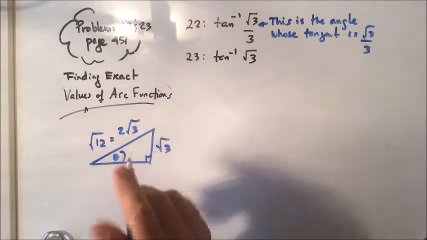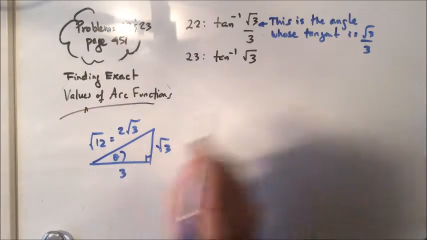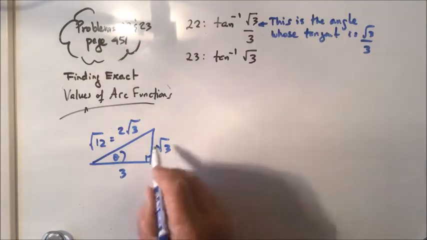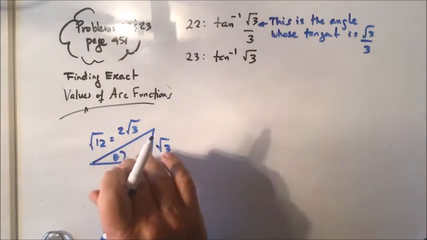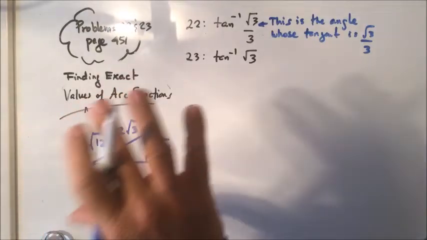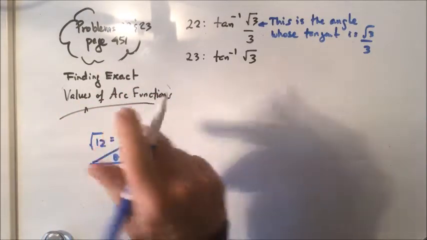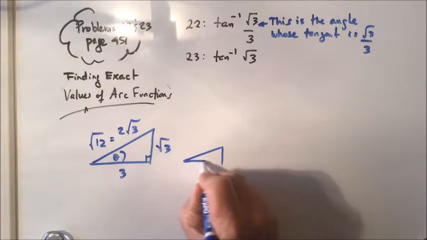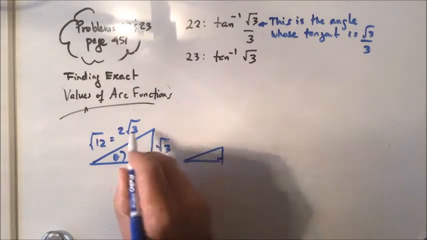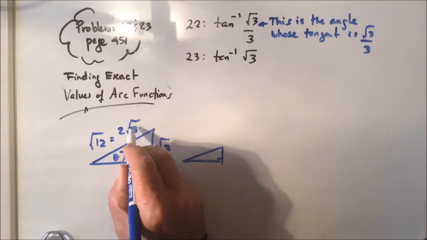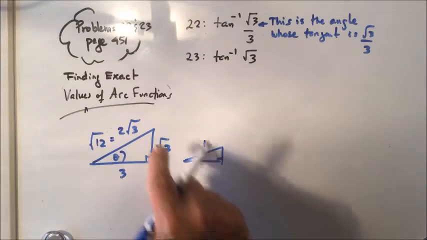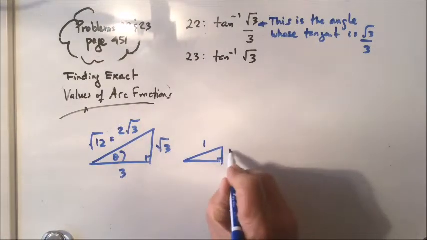This triangle, again, works perfectly well. I was looking for a triangle including this angle whose tangent is root 3 over 3, and I've got one, but I've got another one if I just scale all sides by 2 root 3. So let me draw that triangle. If I divide this side by 2 root 3, a hypotenuse of 1. If I divide this side by 2 root 3, it's 1/2.